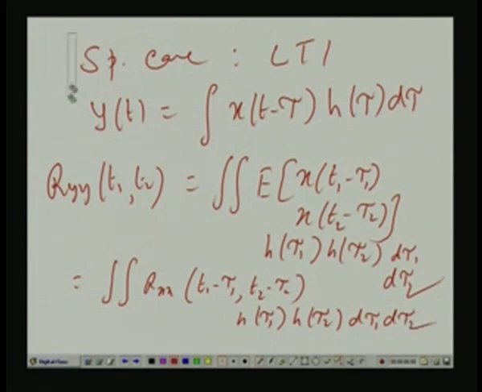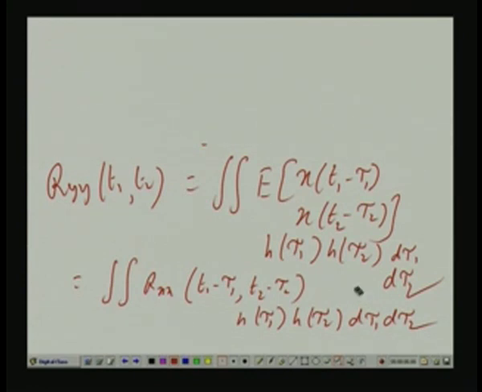Very interesting. This means what? If we just consider this inner integral, R x x T 1 minus tau 1, T 2 minus tau 2, multiplied by say h tau 1, that times it is a function of just tau 1.